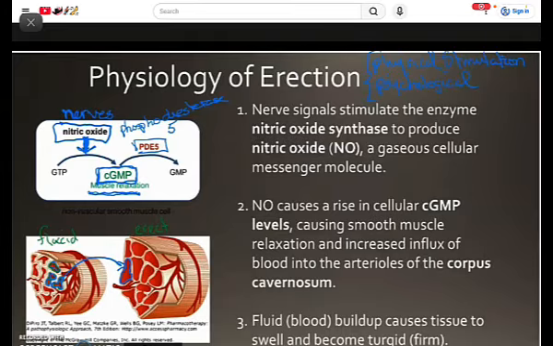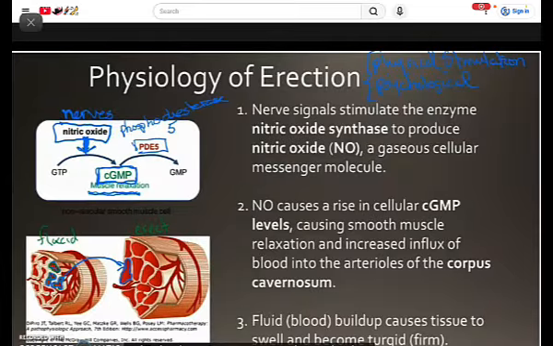And you're going to continue until the stimulation ends and nitric oxide levels go down. Then you're not making as much cGMP. The PDE5 is getting rid of the cGMP that's already there, and now you're going to cause constriction again, and you are going to have that loss of erection.